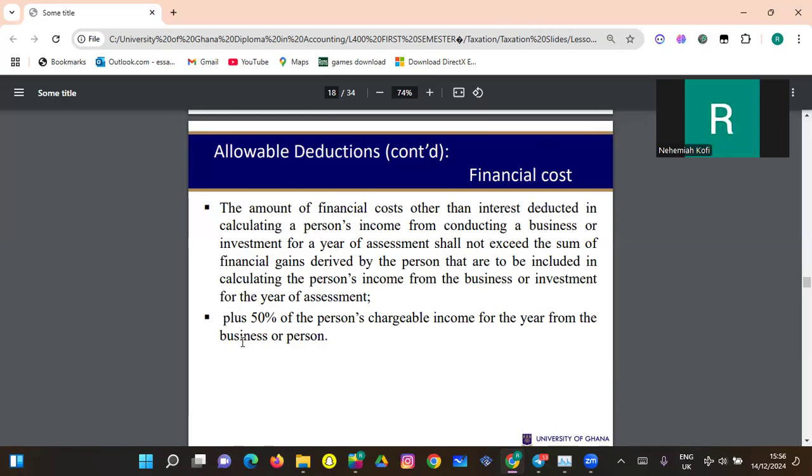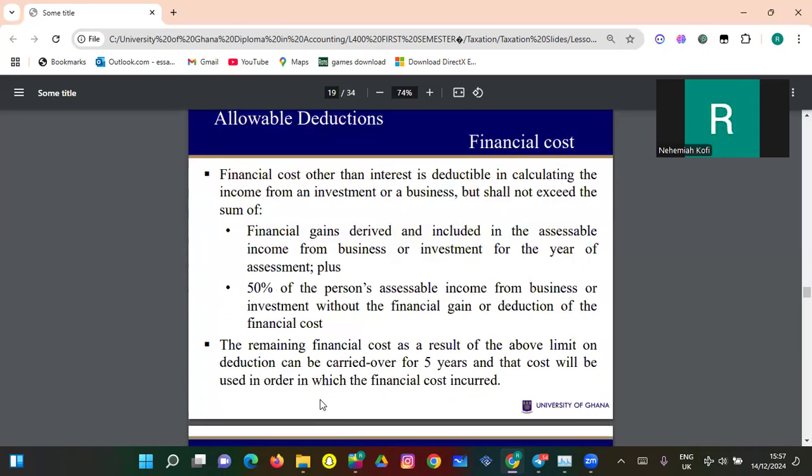So meaning that the financial cost that will be allowable shouldn't be more than 50% of the adjustable chargeable income plus the financial gain, right? So we are going to compute something down there and then you understand it better.